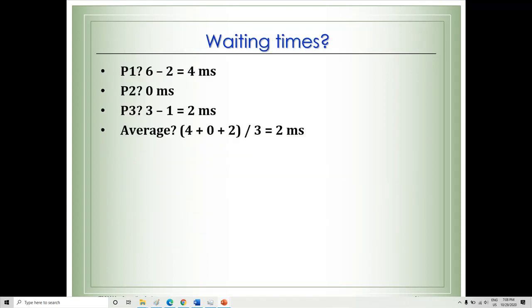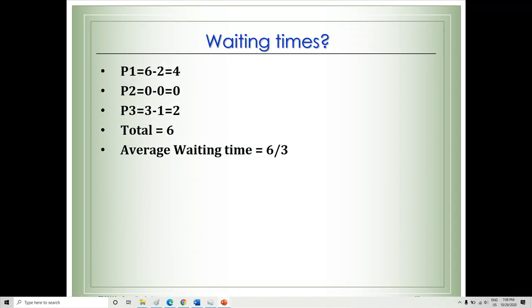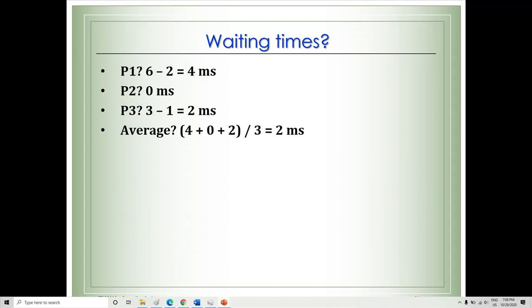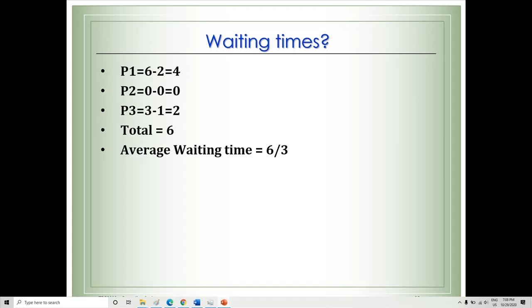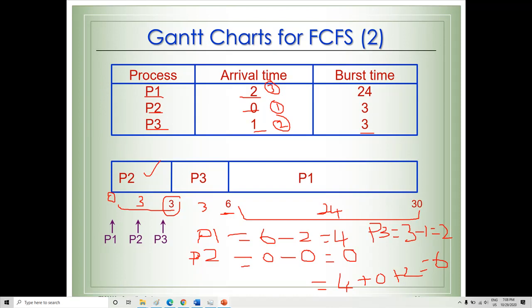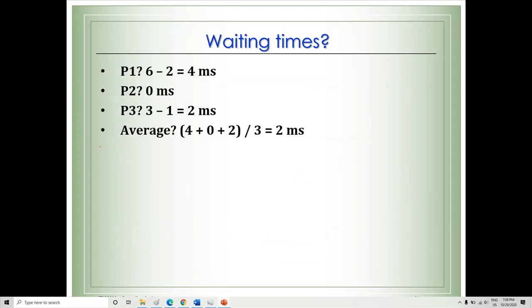One more thing which I want to discuss here is turnaround time. It's very easy to calculate.